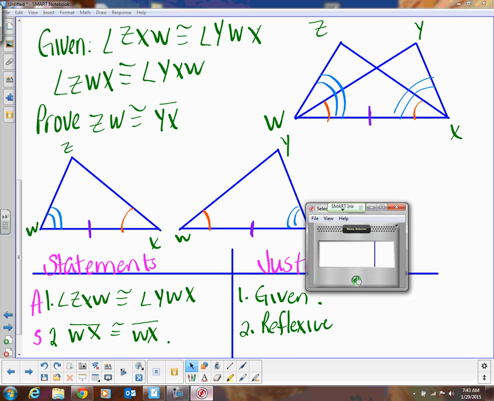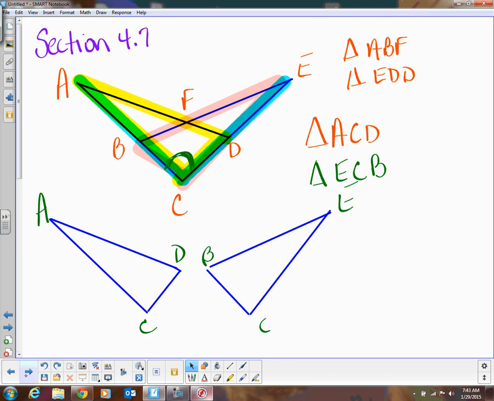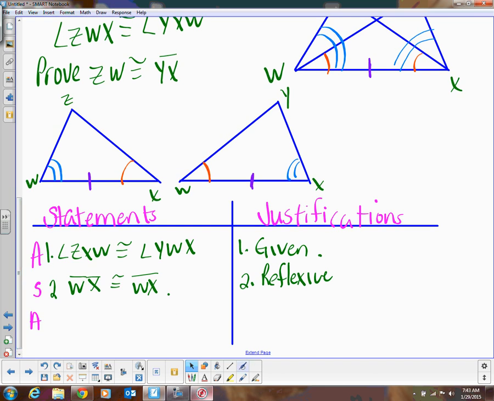All right, I need another pair of angles. Where is my other pair of angles? Angle ZWX, that's the double, is congruent to YXW. Why?